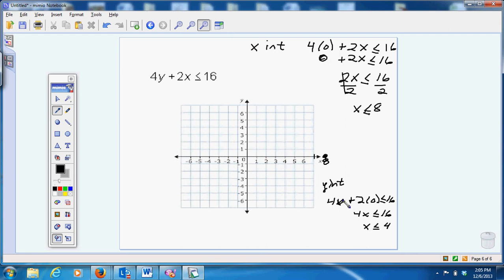This is a y. I do apologize, but this is a y. There it is. y is less than or equal to 4, so my y-intercept is 4. Okay? Now, for the purpose of this example, I want this to just be less than, because I want to show you how it would look if I did a dotted line. It would have to be just the same line that goes through those 2 points, but it's dashed or dotted.